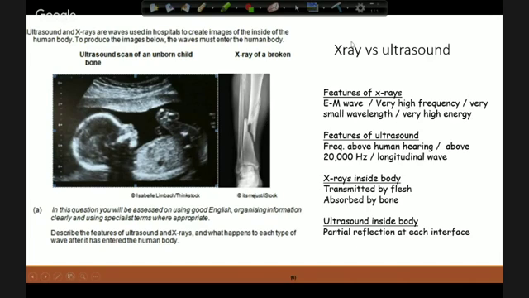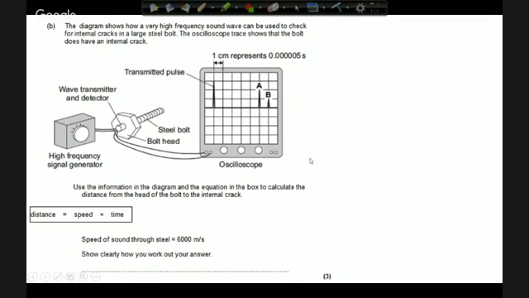Okay, so one more practice question, and this is to do with flaws inside a steel bolt. I'll run through this question as if I were a pupil answering it. So the diagram shows a very high frequency sound. I know that's ultrasound. It can be used to check for internal cracks in a large steel bolt.